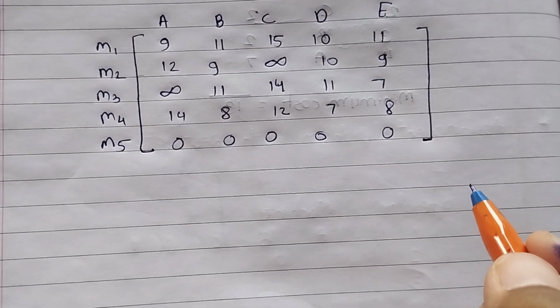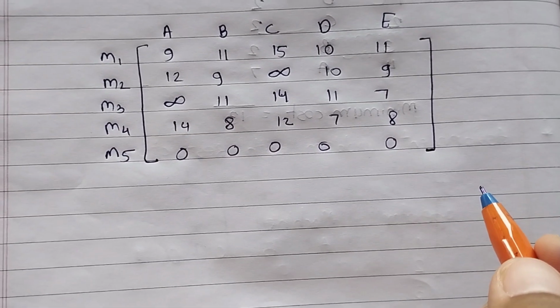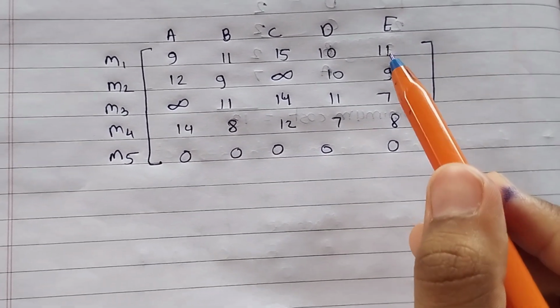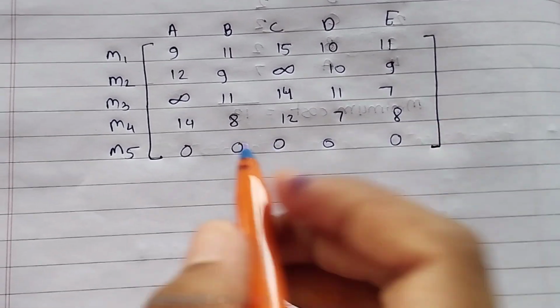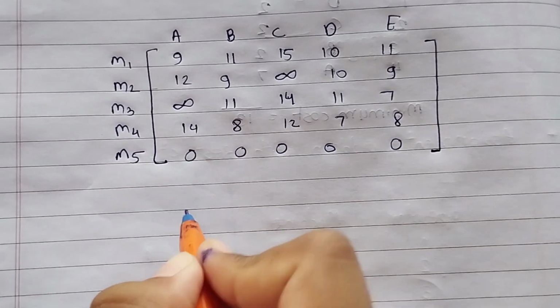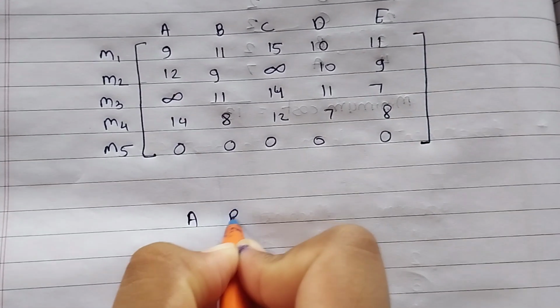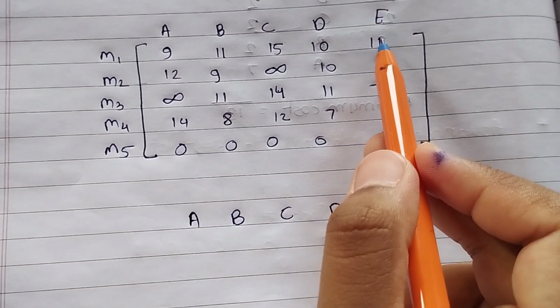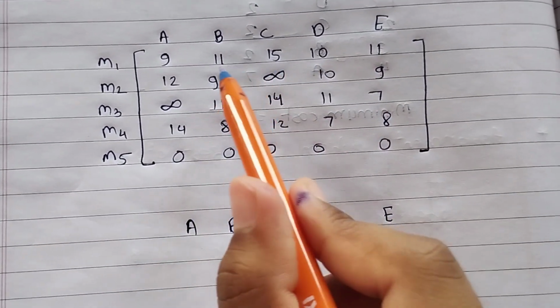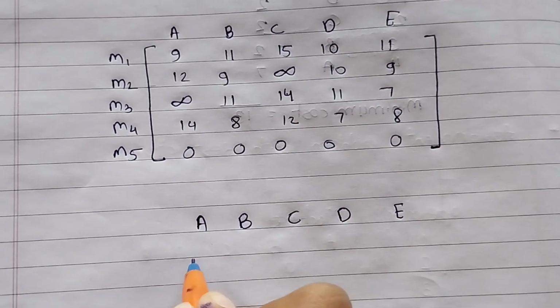We want to find out the minimum cost. So first find the smallest value from each row and subtract it from the respective rows. So we quickly perform it here. From the first row, 9 is the smallest.